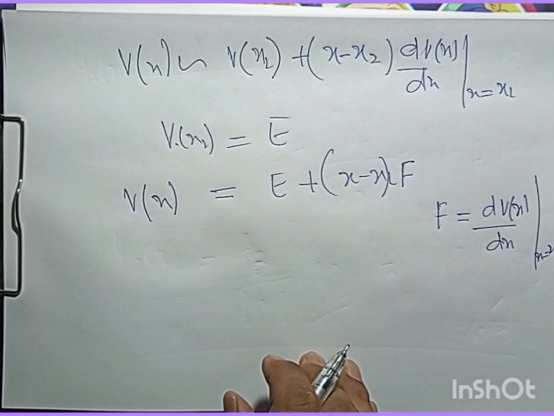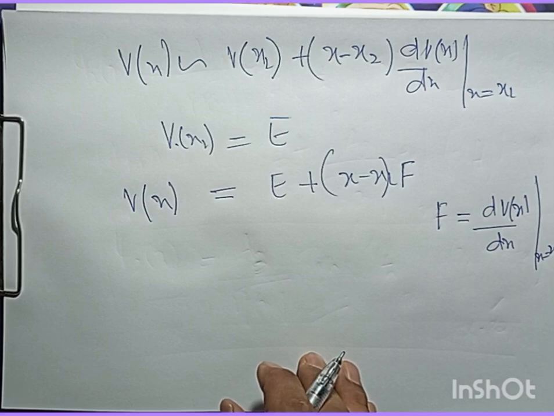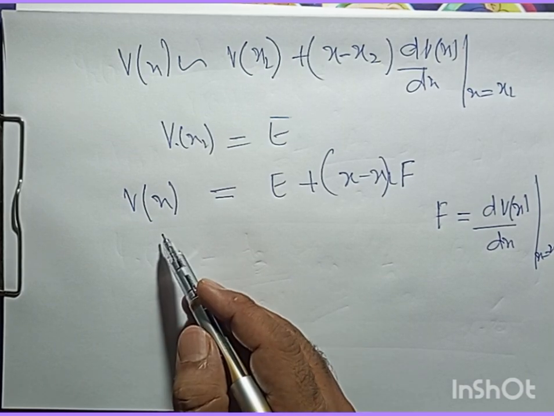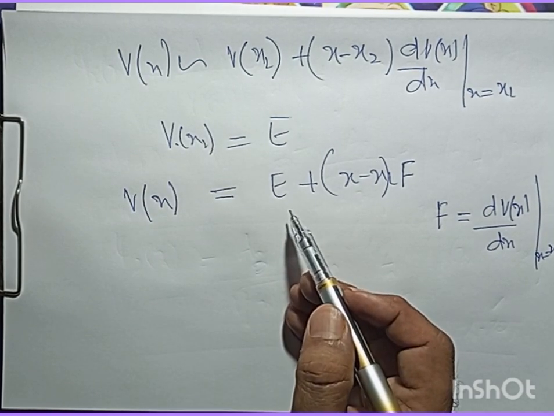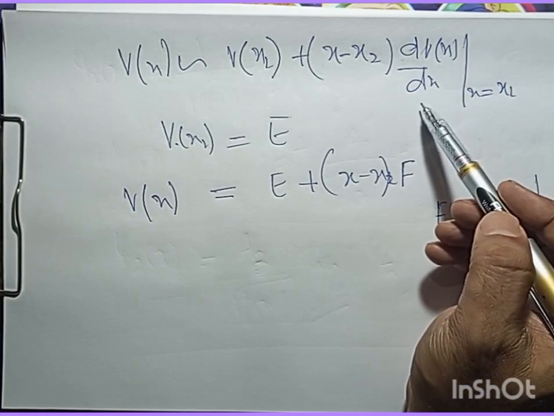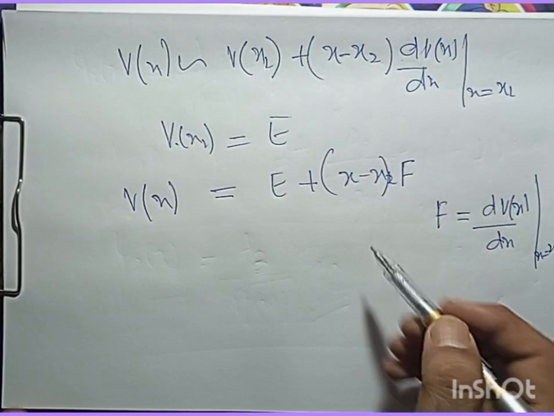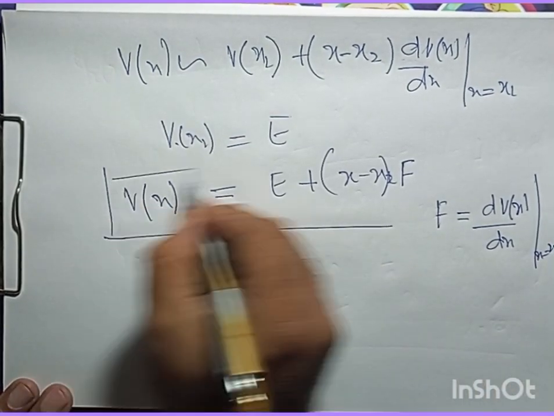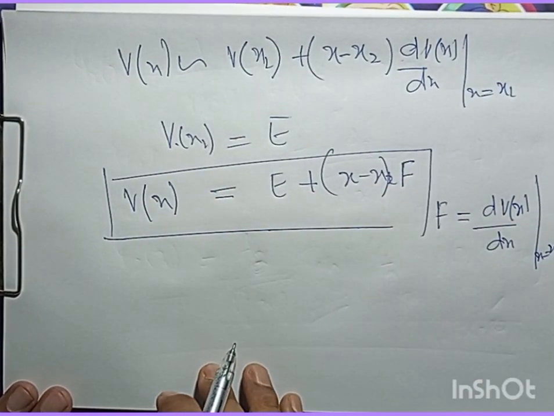So this potential can be approximated to e plus x minus x2 times dv by dx, and we should understand that this dv by dx is nothing but the force.